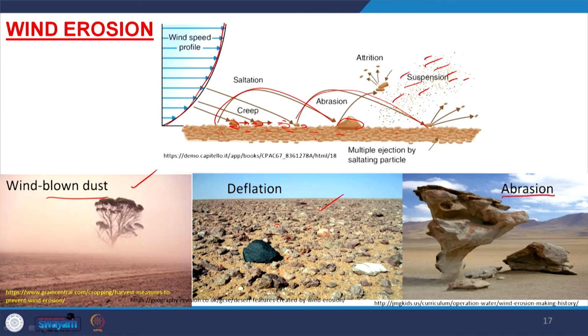Then it is abrasion. Here you see this pedestal rock, standing here, and it is polished. This process is called abrasion, that means the hitting of the wind and sand mixture on this rock. And if you see here, this base is thinner as compared to the upper part.